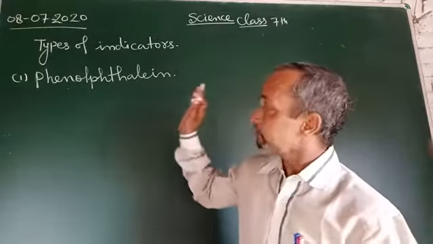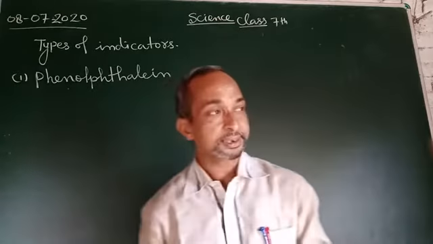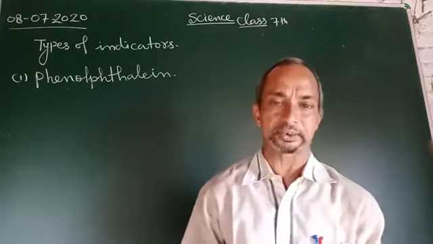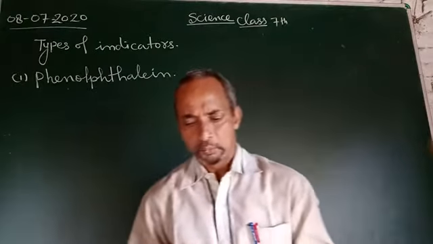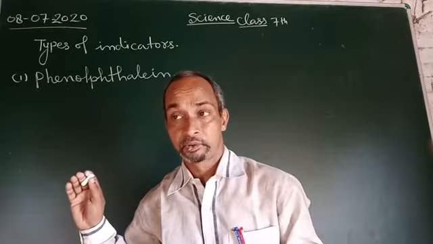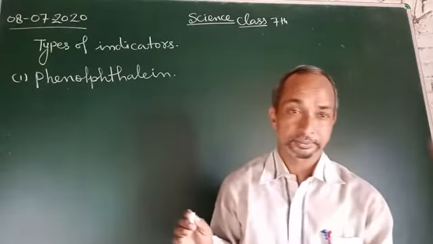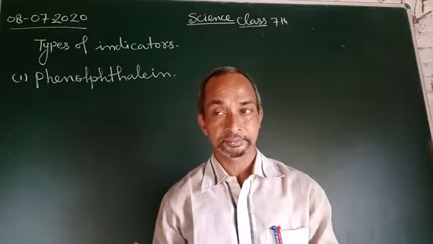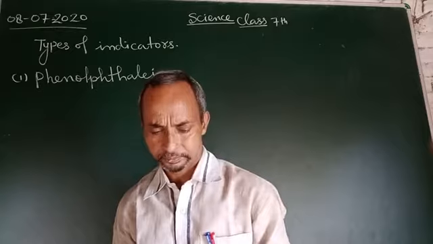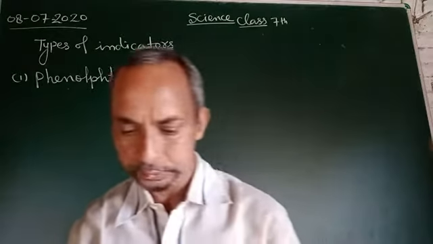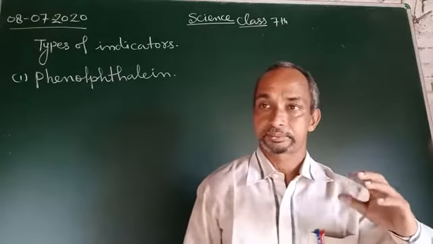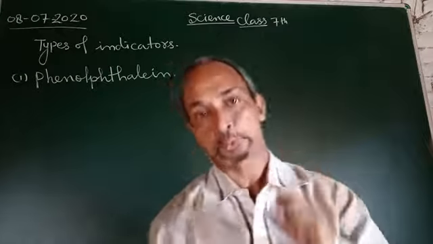So, types of indicators. Already I have discussed that there are 4 types of indicators, and I have given their names: turmeric, litmus paper, phenolphthalein, or China rose.